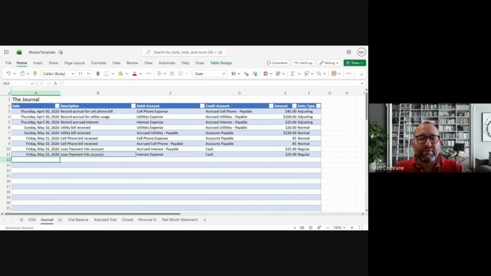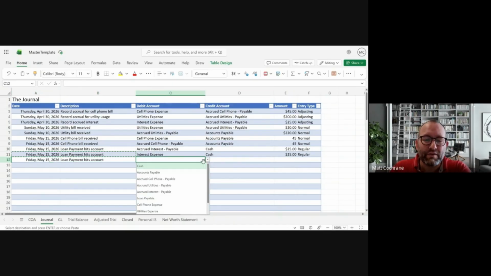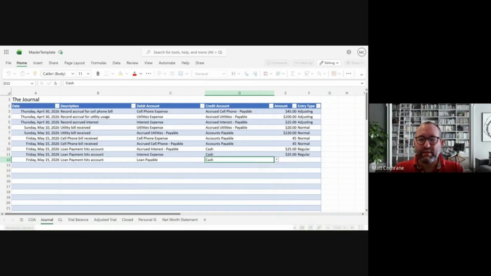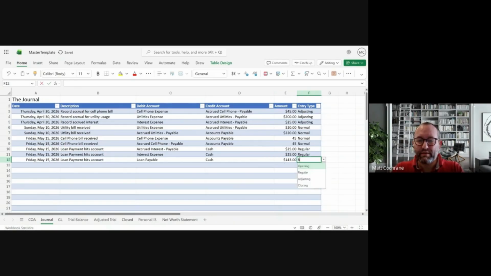We also have our principal portion on the loan. So the loan payable is going to reduce. Remember, loan payable is a liability, so it generally has a credit balance. So we make the payment, it reduces the principal, and cash here is for the 143. So 143.